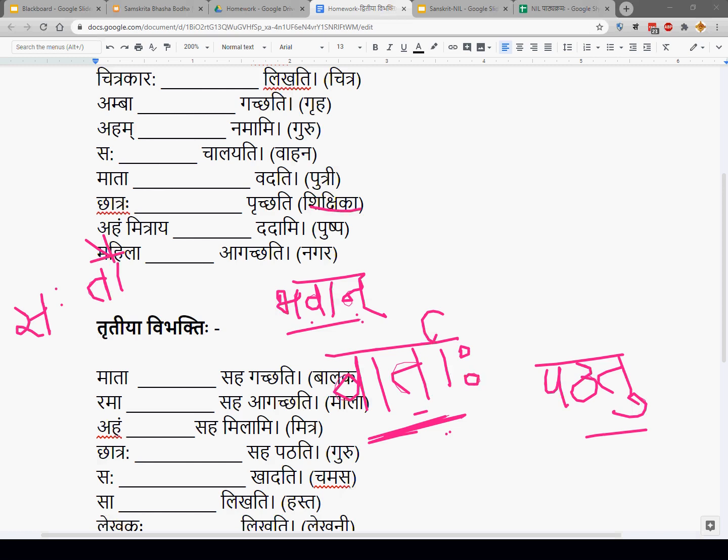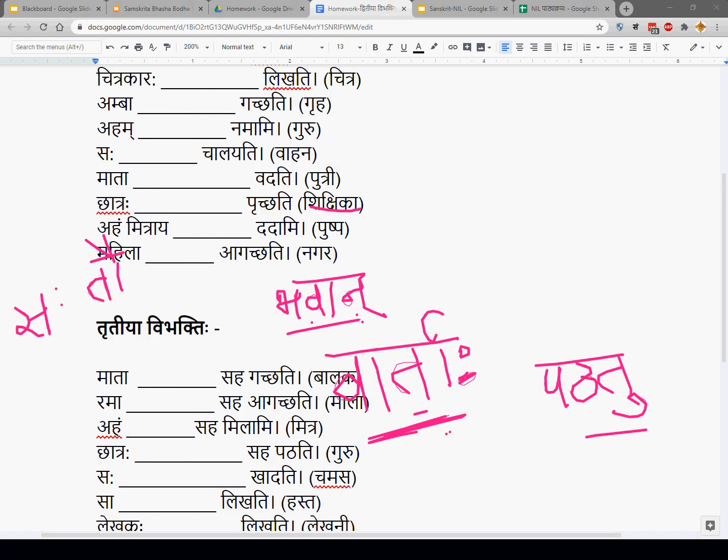Bahuvachanam Vartaha. Dvivachanam is Varte, if there are two news pieces. But we want to just say Vartam or Vartaha.